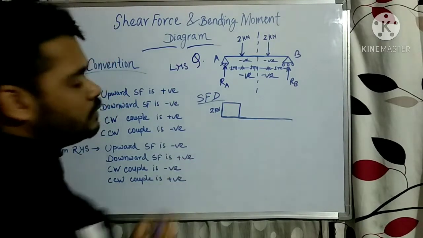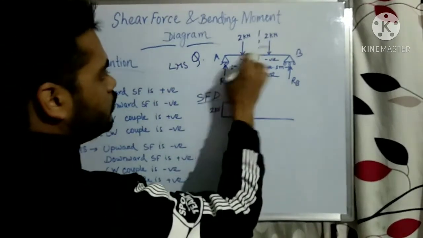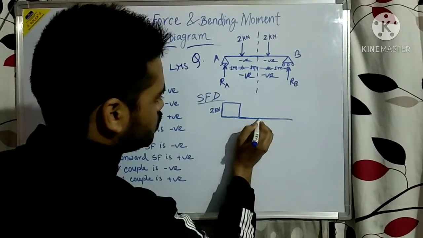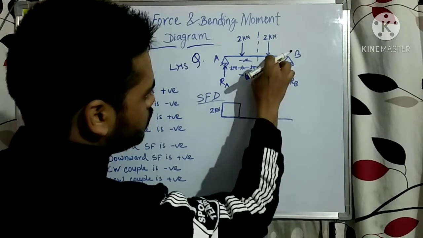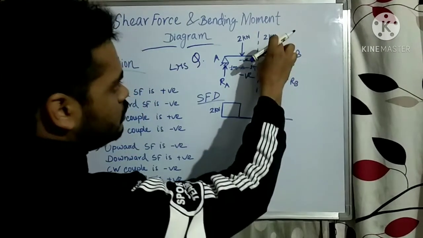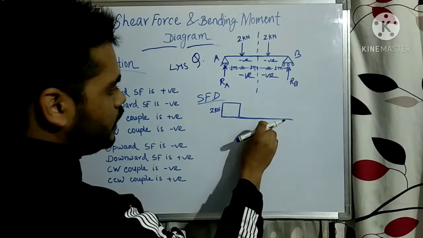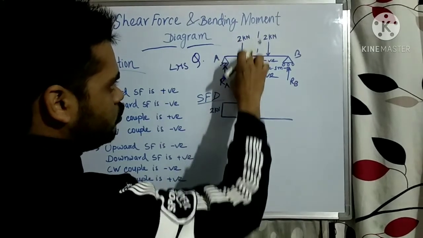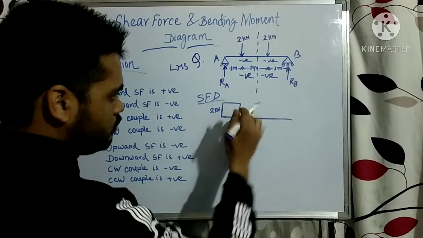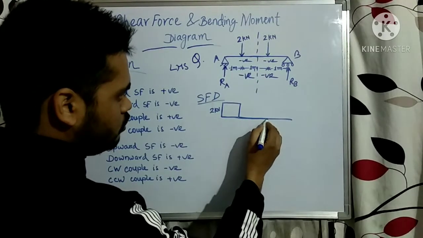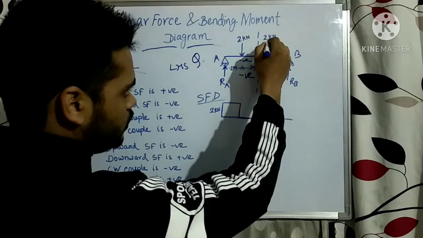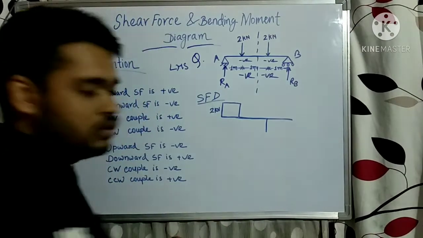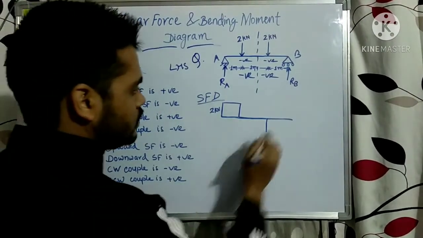From here to here again there is no shear force, so it will be 0. Up to this point there is a 2 kilonewton load acting downward. Here there is no shear force. 2 kilonewton upward, then again because of this 2 kilonewton downward, the shear force becomes 0. Then 0 minus 2, because 2 kilonewton is acting downward, so it goes in the negative direction.